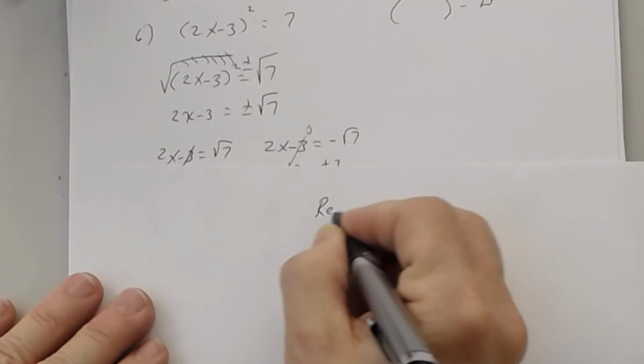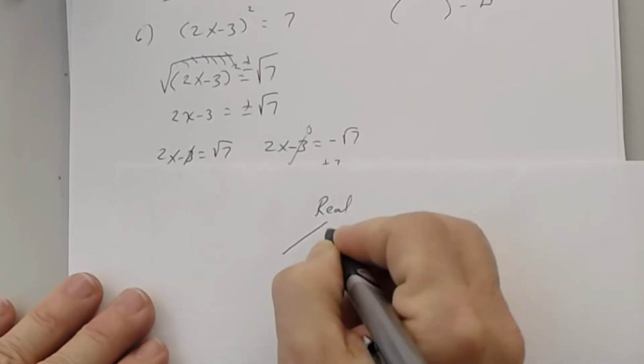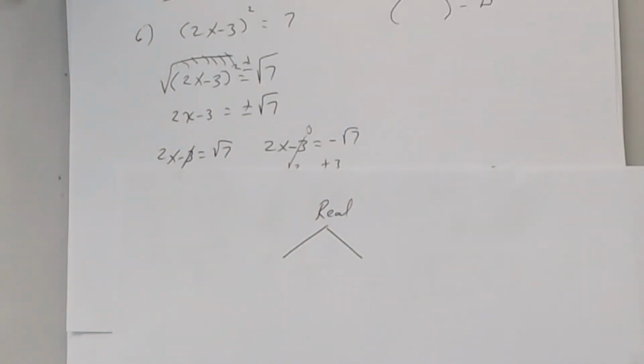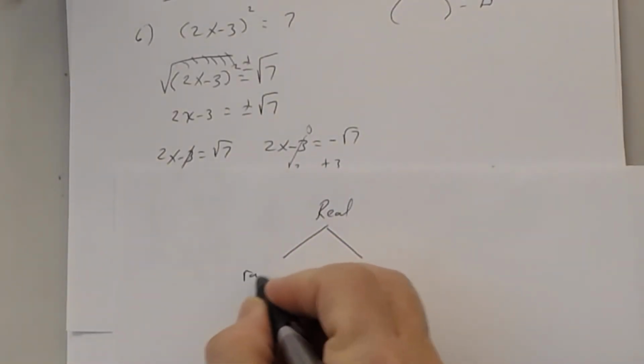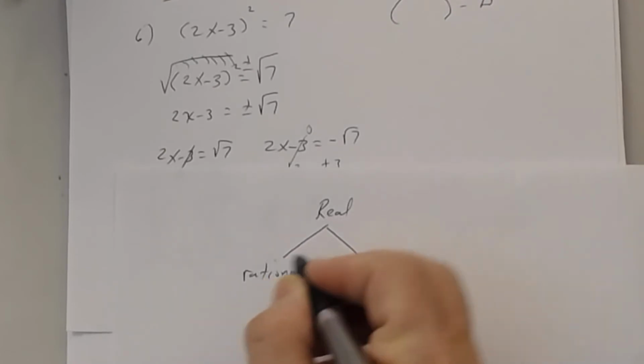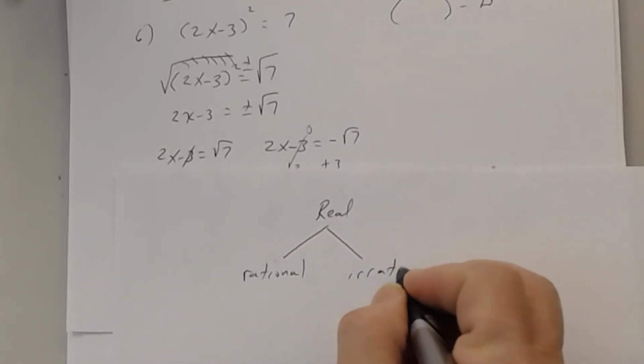So when we deal with real numbers, and everything you've done at this point has been real numbers except what we talked about last class period. Remember last class period we talked about imaginary numbers? All right. So before that, everything we dealt with was a real number. So real numbers are either rational or irrational.